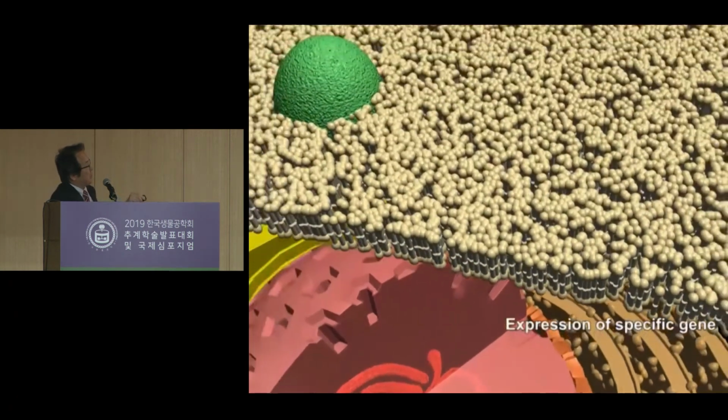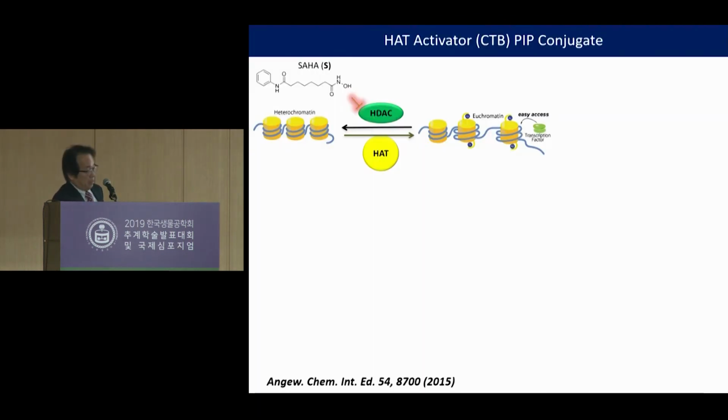So in this scenario, we inhibit the HDAC and indirectly activate the HAT to make euchromatin from heterochromatin. The question may arise: can we directly activate the histone acetyltransferase to get a similar effect?